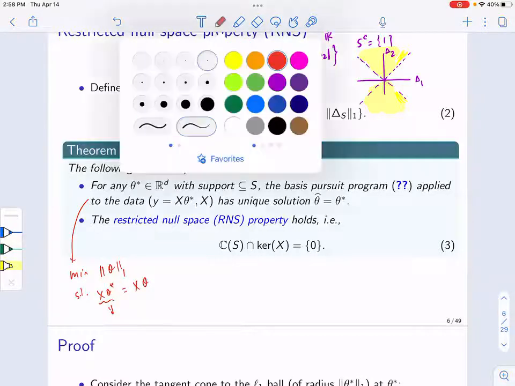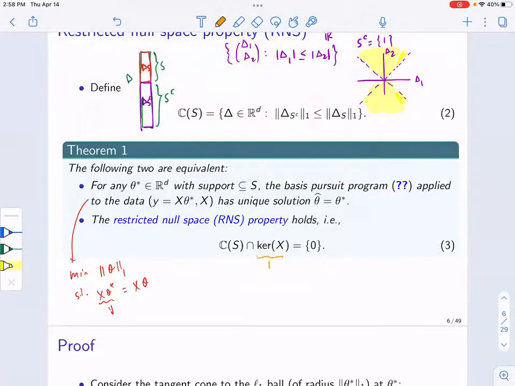Kernel of X, what do we mean by kernel of X? It's just the null space. Kernel of X is just the set of all theta such that X theta is equal to 0. So it's a subset of R^d.